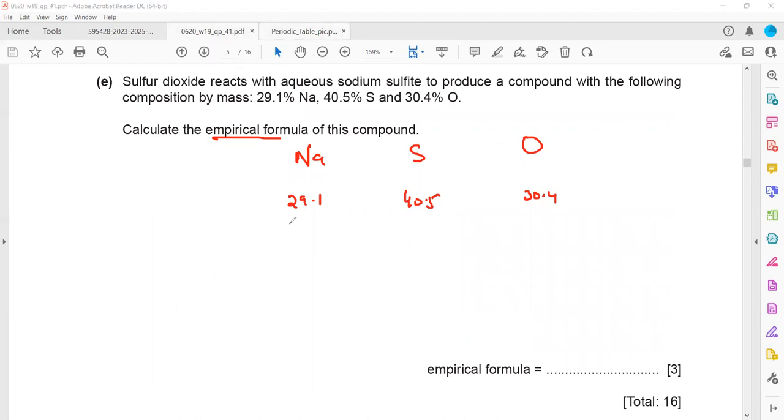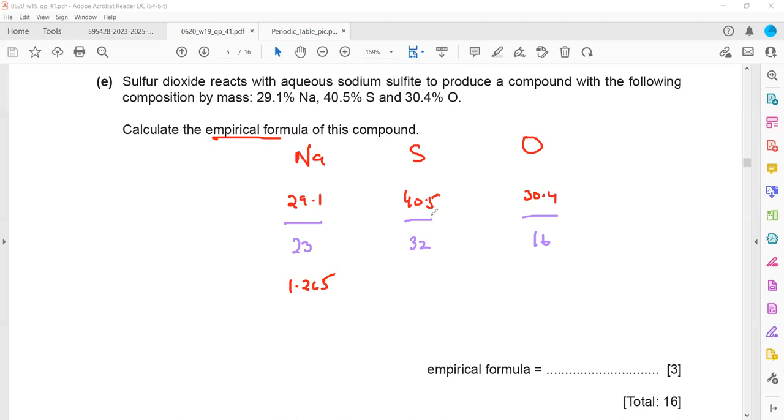So 29.1 divided by 23, sulfur is 40.5 divided by 32, and oxygen 30.4 divided by 16. What is the answer when 29.1 is divided by 23? 1.265.